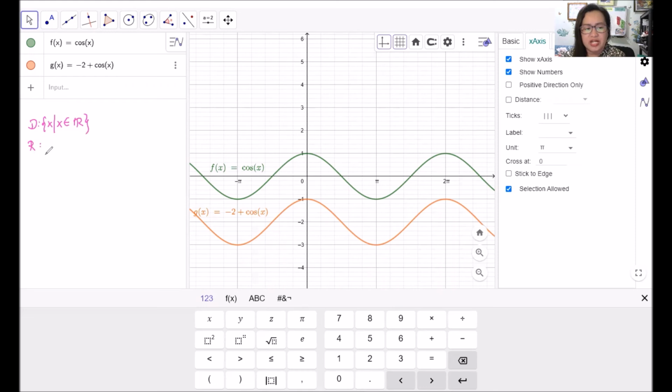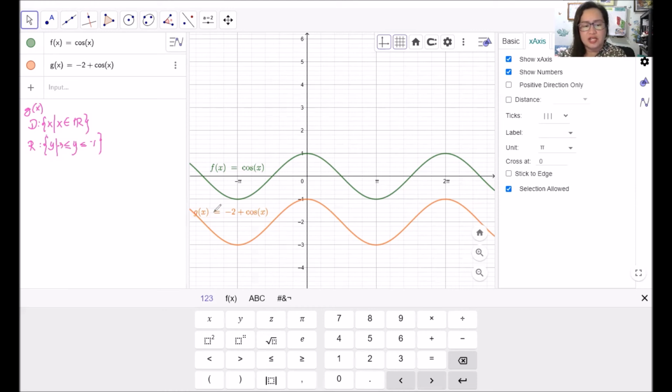Of course, the range is also affected since we have a change in the maximum and minimum value. So the range is the set of all y such that y is greater than or equal to -3, but less than or equal to -1.